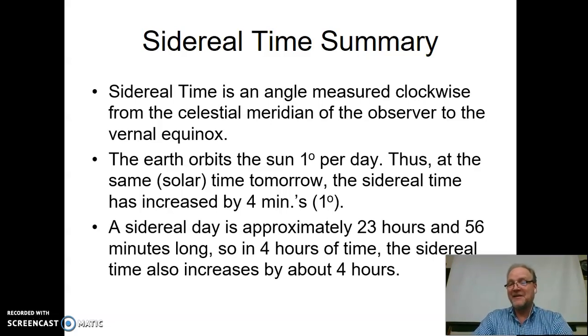It gets larger because the vernal equinox is now actually 1 degree past its transit, and that makes the angle measured backwards to the meridian bigger by about 4 minutes. So the next night, at the same time, the sidereal time is 8 hours and 4 minutes. The next night at the same time, the sidereal time is 8 hours and 8 minutes. The next night at the same time, the sidereal time is 8 hours and 12 minutes. Yep, it grows by about 4 minutes per solar day.